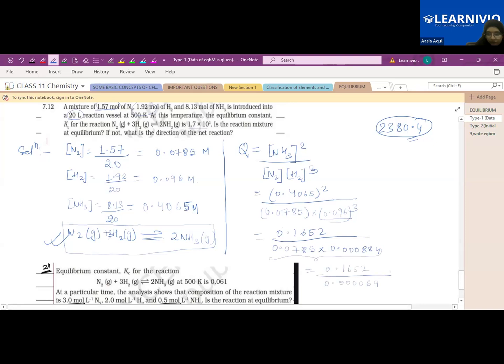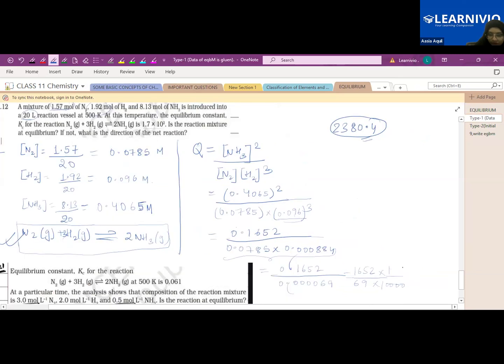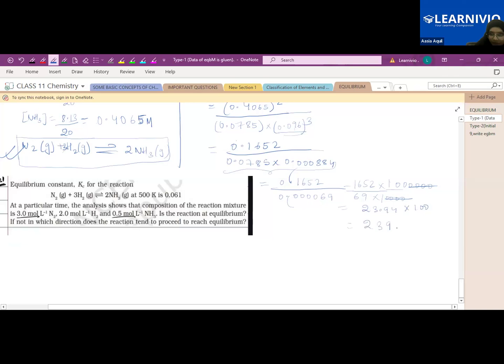Remove the decimals, so you get 1652 divided by 69, and the four zeros cancel out. So 1652 divided by 69 basically gives you something like 23.94, multiplied by 100, so you get 2394.2.